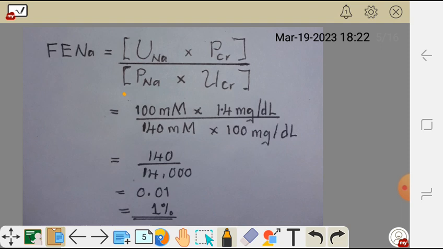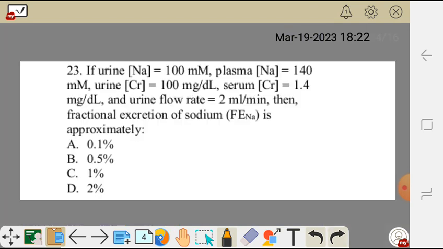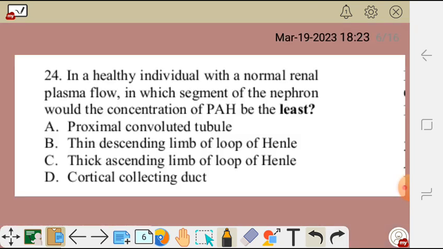So the numerator will be 140 over 14,000. That will give us 0.01. Taking it into percentage, it is going to be 1%. So the correct answer is C. Question 24.